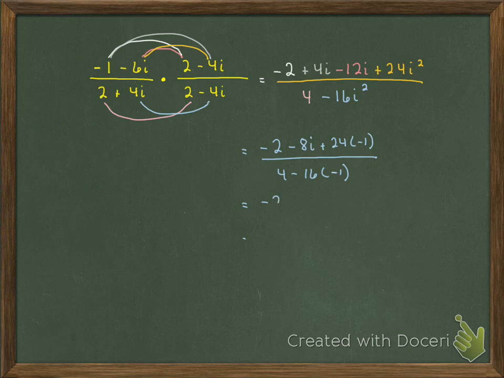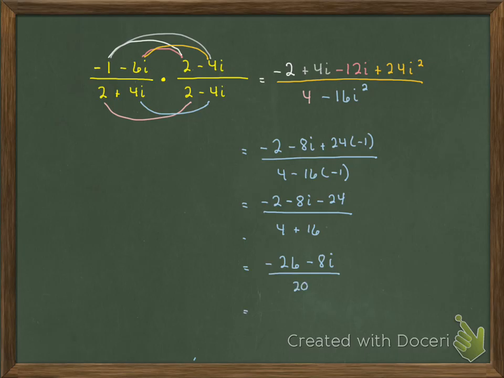Okay, so -2 minus 8i minus 24 over 4 plus 16. So -16 times -1 is a positive. So we get -26 minus 8i all over 20.